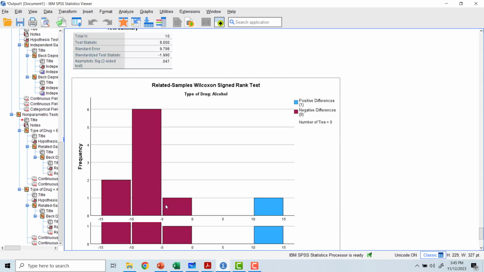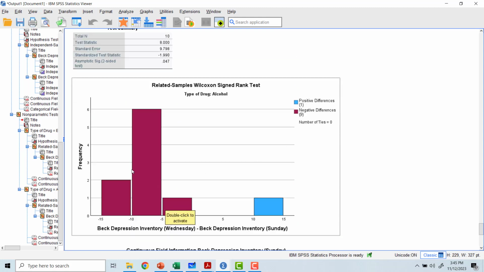Here, Wednesday minus Sunday, we're actually less depressed on Wednesday. I guess we're more depressed on the Sunday because we have a bit of a hangover, and by Wednesday everything's cleared and we're happy again. But it's not quite as strong because we have one outlier with a very large difference here.